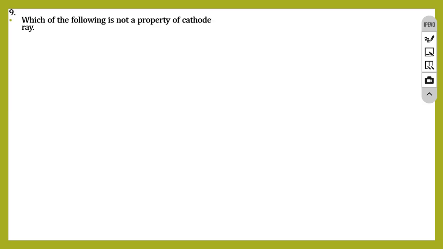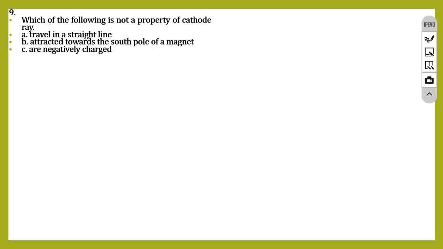Example 9. Which of the following is not a property of cathode ray? A. Traveling in a straight line, B. attracted towards the south pole of a magnet, C. negatively charged, D. deflected by electric and magnetic field.